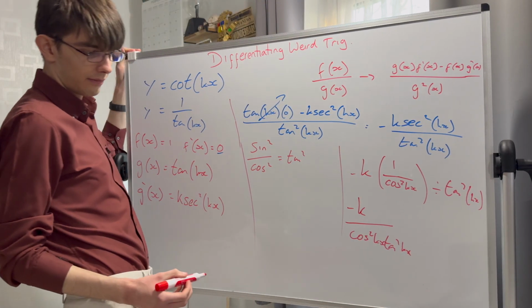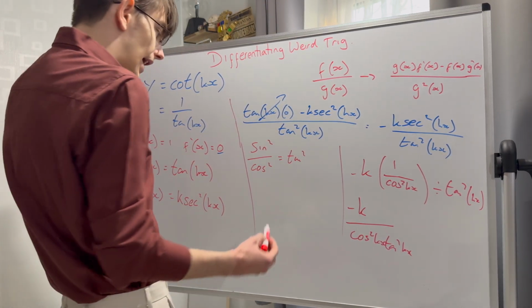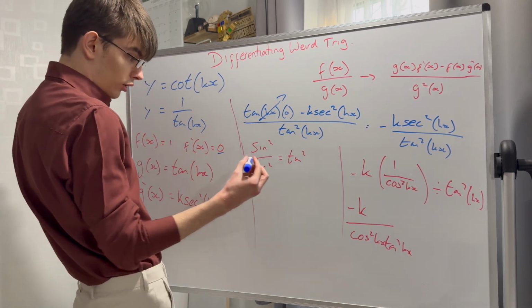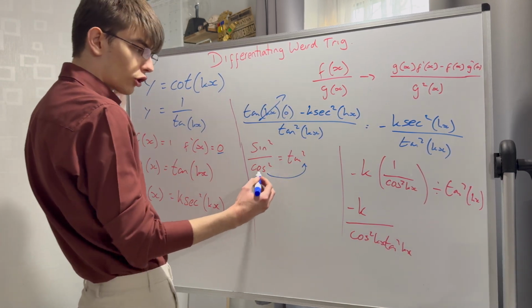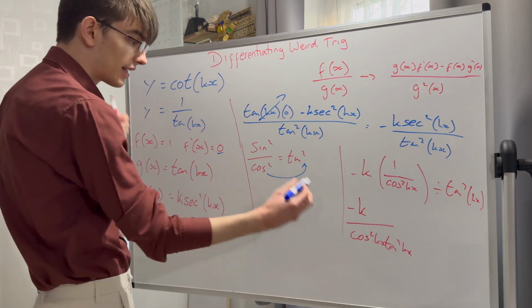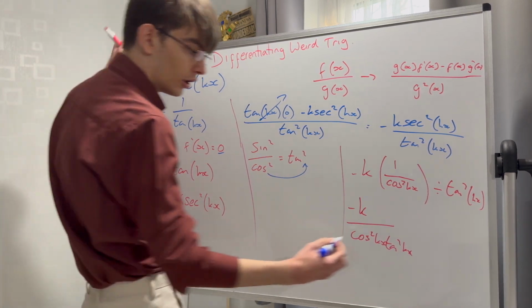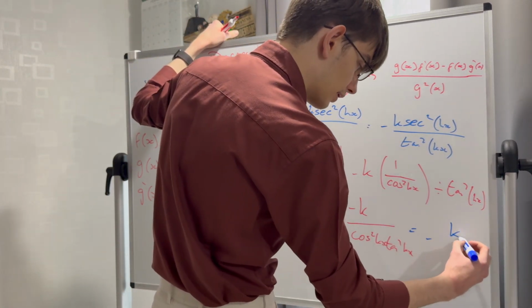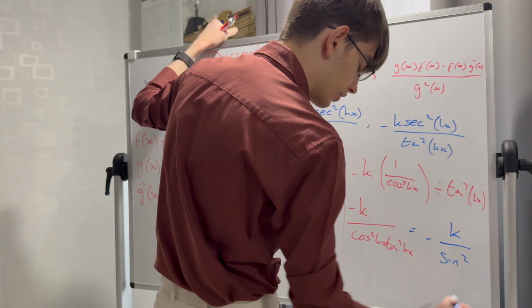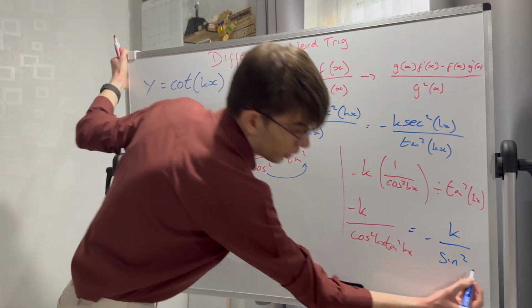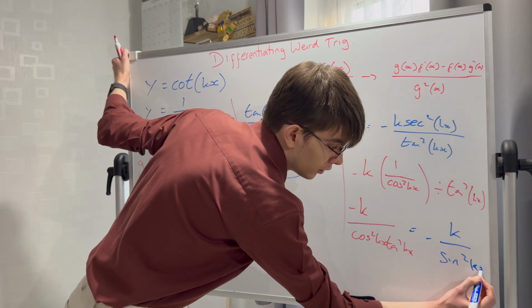My handwriting down there is amazing. And looking at this formula here, if I bring my cos to this side, cos squared times tan squared is just sine squared. So this is minus k over sine squared kx. And we'll add that in. Ooh, there we go.